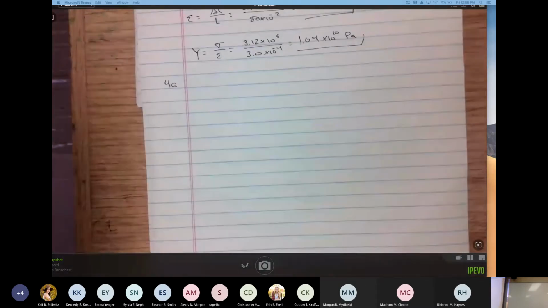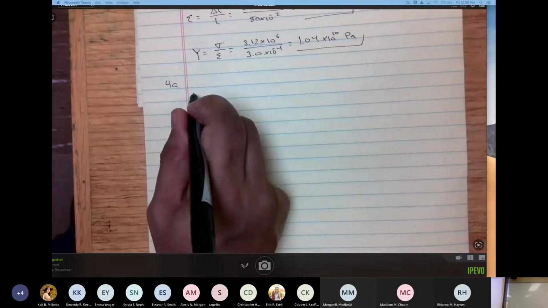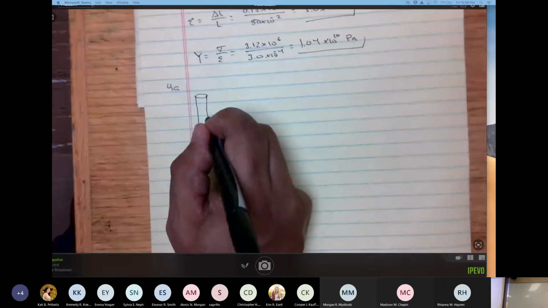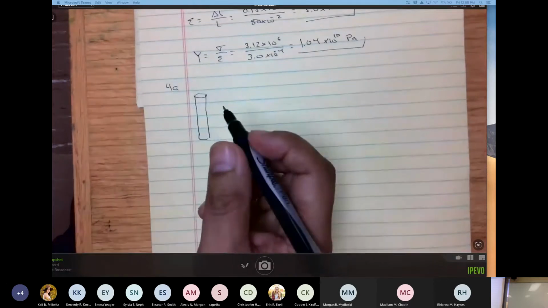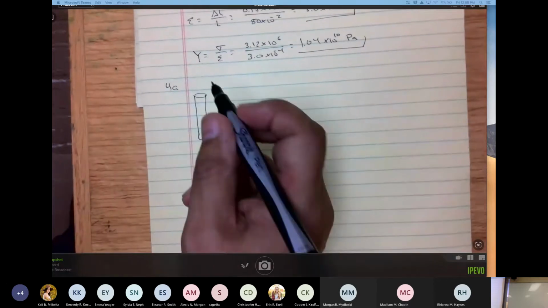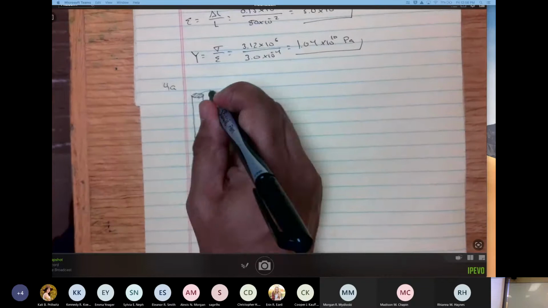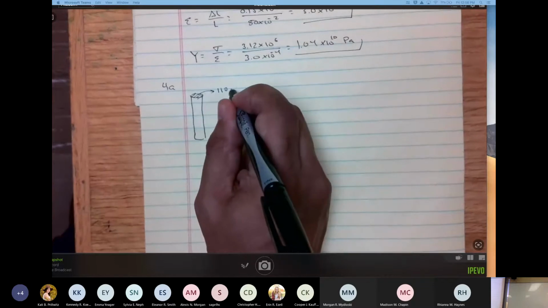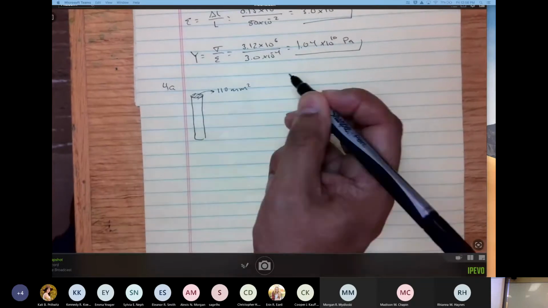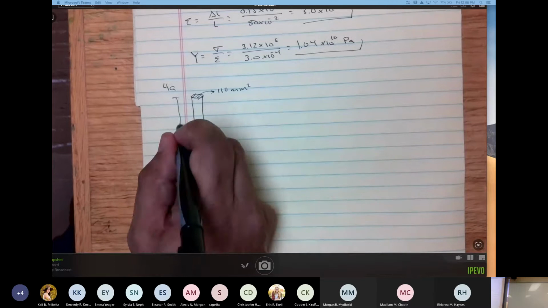We have the Achilles tendon, and again I'm going to simulate it as a very long wire. It has a cross-sectional area of 110 square millimeters. It has a length of 15 centimeters.